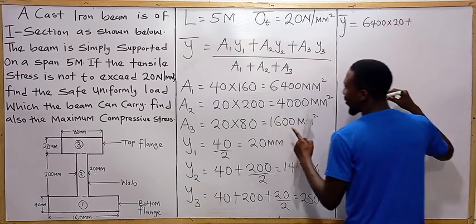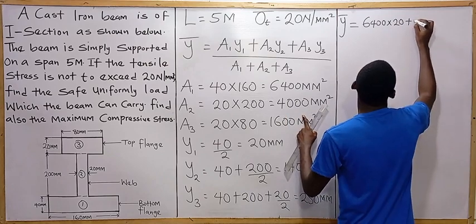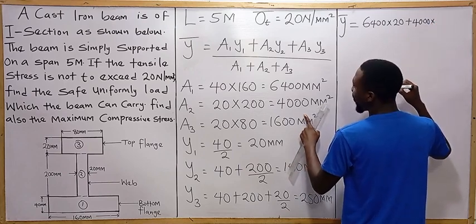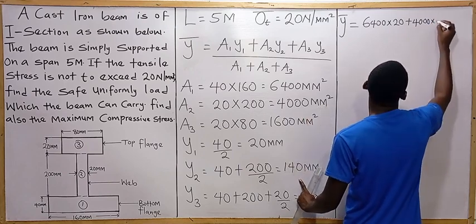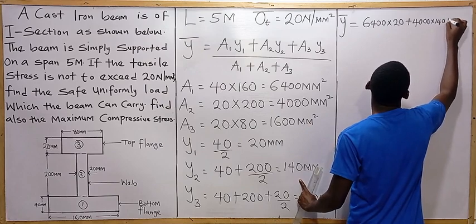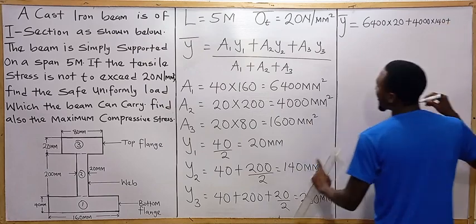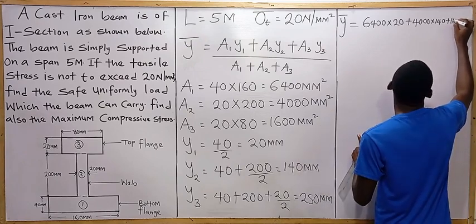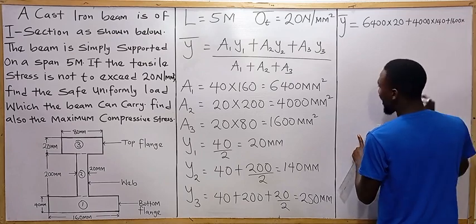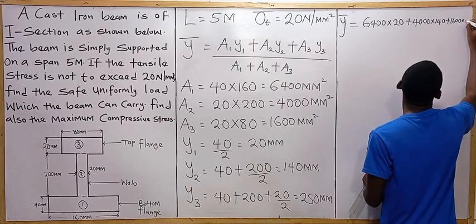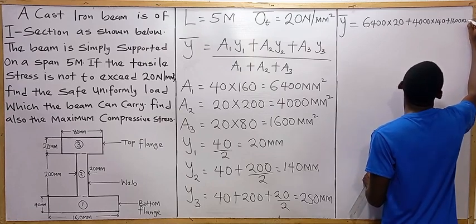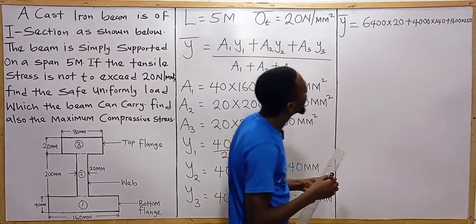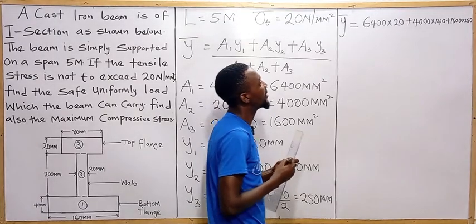Plus our A2. Our A2 is 4,000 multiplied by our y2. Our y2 is 140. Plus our A3 is 1,600 multiplied by our y3, which is 250. I just want to manage my space. I hope you can see this clearly.